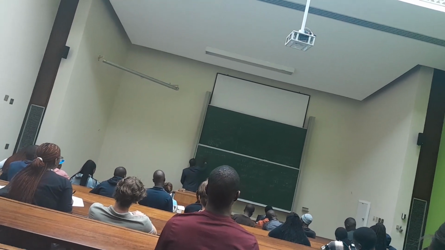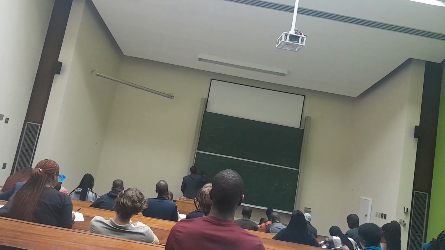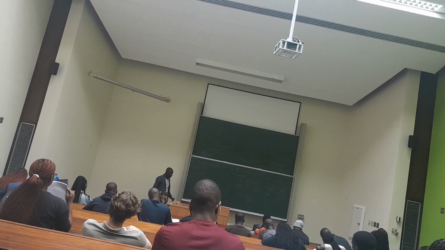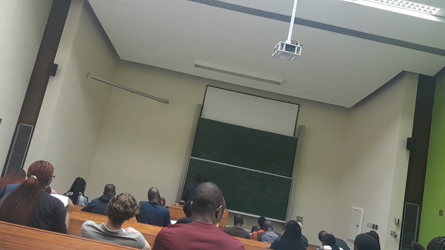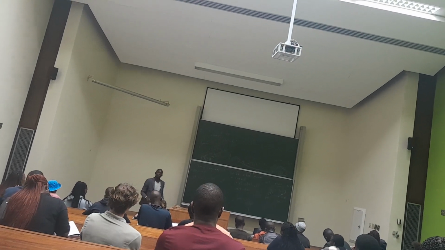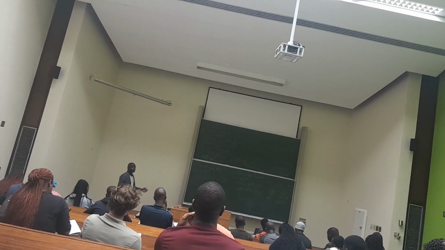For every x, y in R, if I want to evaluate the absolute value of x plus y, it is always less than or equal to the absolute value of x plus the absolute value of y. It is always true. Okay? It's always true.